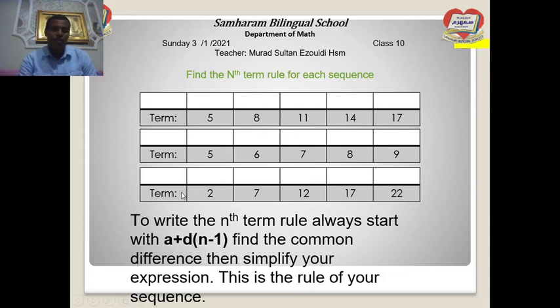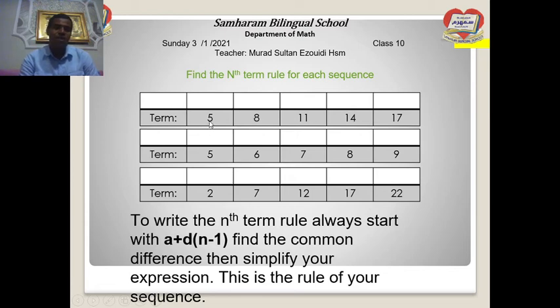Here the third sequence: 2, 7, 12, 17, 22. 7 minus 2 is 5, 12 minus 7 is 5, 17 minus 12 is 5, 22 minus 17 is 5. The common difference here is 5. The first term is 2. Just write your number sequence or your nth term in terms of a plus d times n minus 1, and try to simplify and write in terms of n. For example, I will just do the first one.